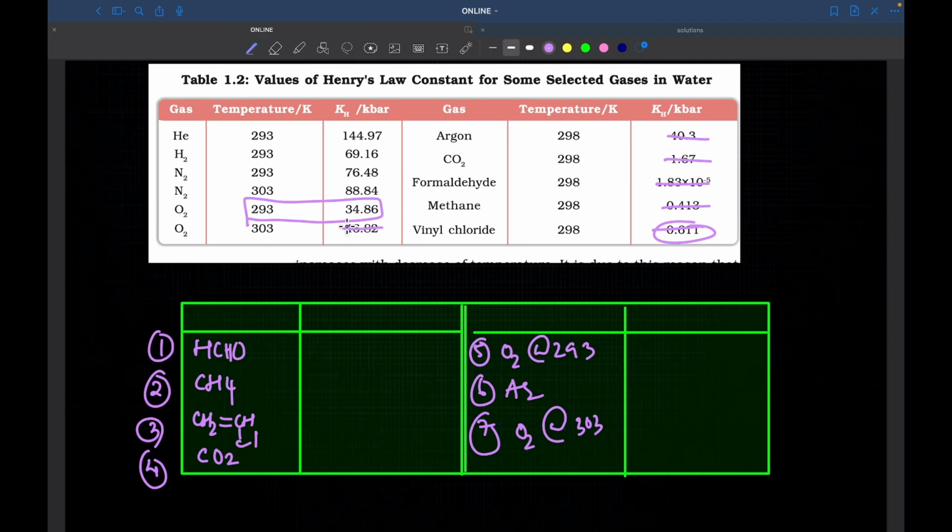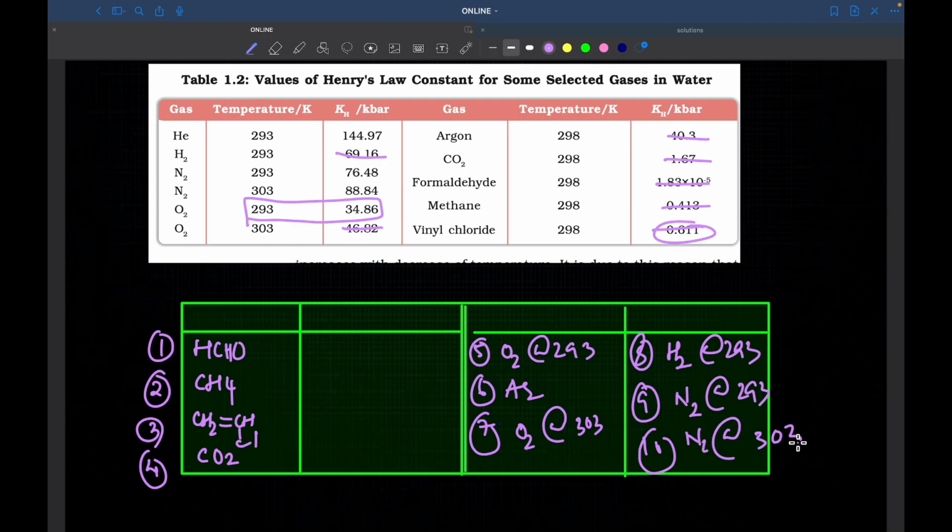So after this, who comes here? In 8th place, hydrogen gas at 293 Kelvin, correct. This is the 69, then it will go to 76, correct? 76. So in 9th place we have got nitrogen gas at 293, and in 10th place, nitrogen gas at 303 Kelvin.